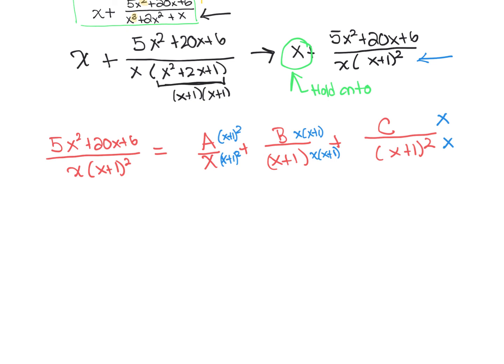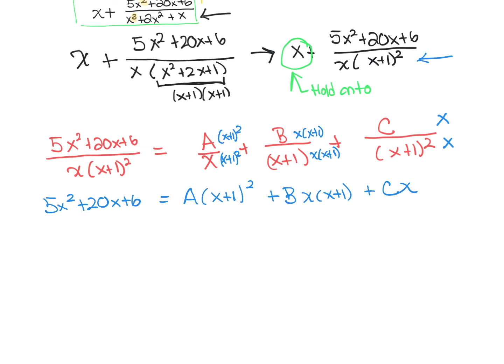So if I want to rewrite this, my 5x squared plus 20x plus 6 has to equal a times (x plus 1) squared plus b times x times (x plus 1) plus c times x.